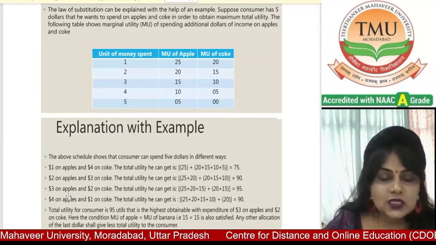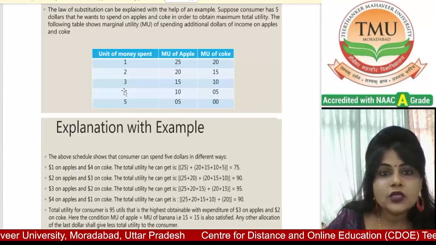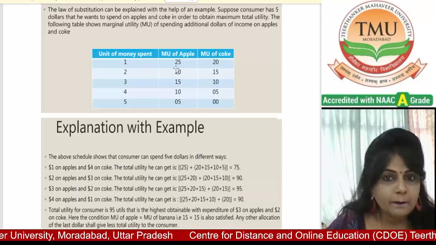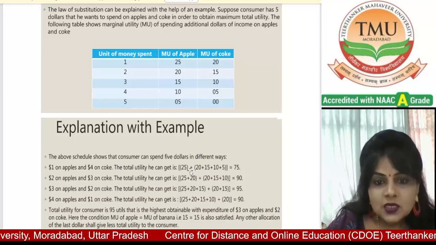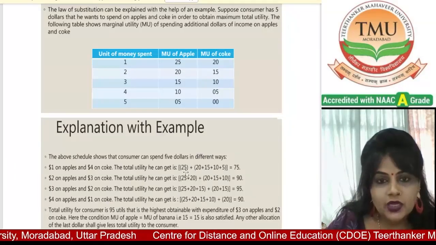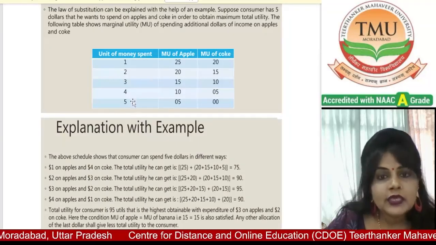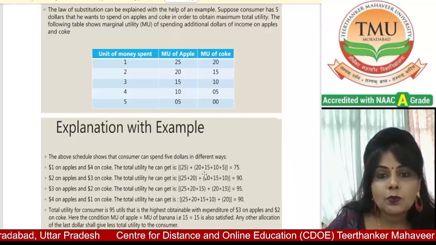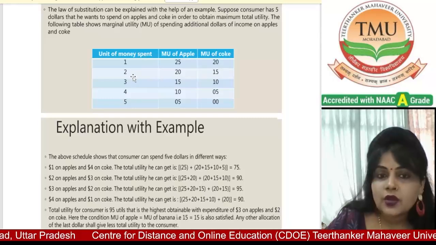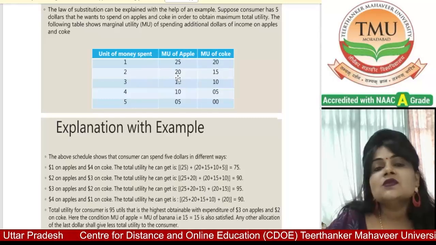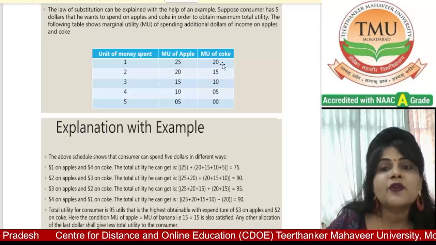If the consumer spends $1 on apples, he gets 25, and the other $4 he spends on coke. If he spends a second dollar, he gets 20 utils from the apples and he also gets 20 utils from the coke. Now he gives the preference later.